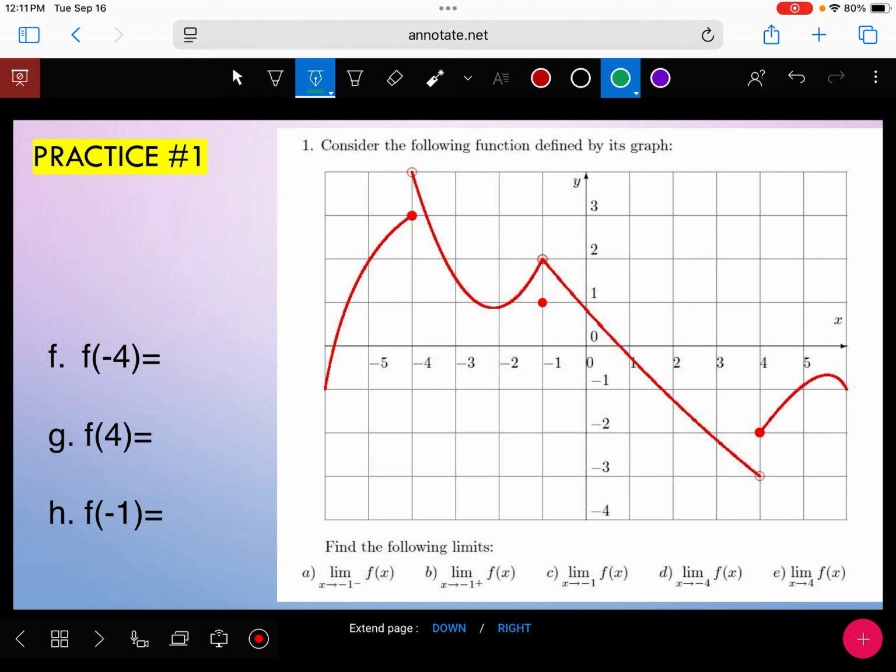On G, that's supposed to be that negative one, it would not just be that.